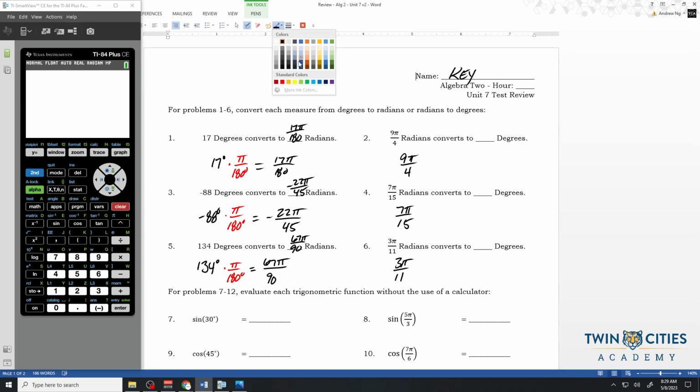This time, to go from radians to degrees, instead of multiplying by pi over 180, we're going to flip that upside down and multiply by 180 degrees over pi. And I'm going to do that to all 3. And what you'll notice is that there's a pi on top and a pi on bottom. We're going to divide those out.